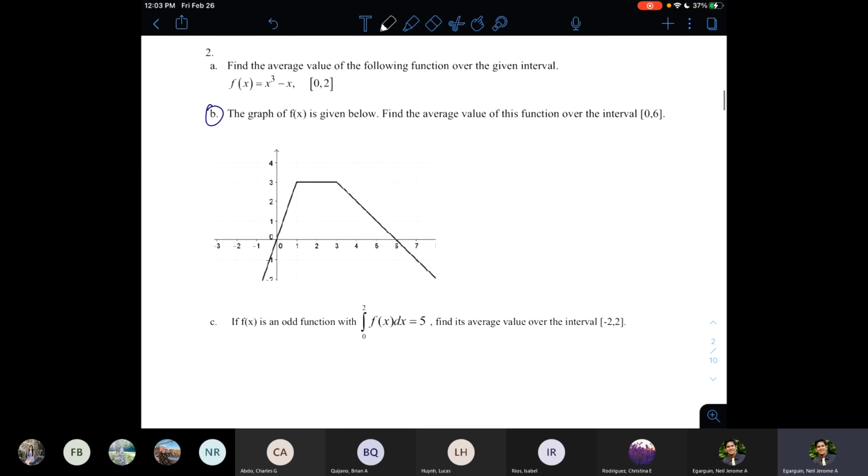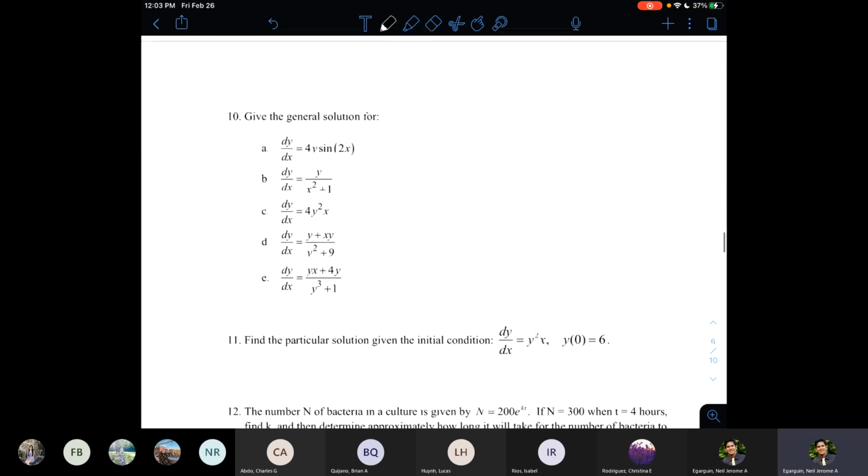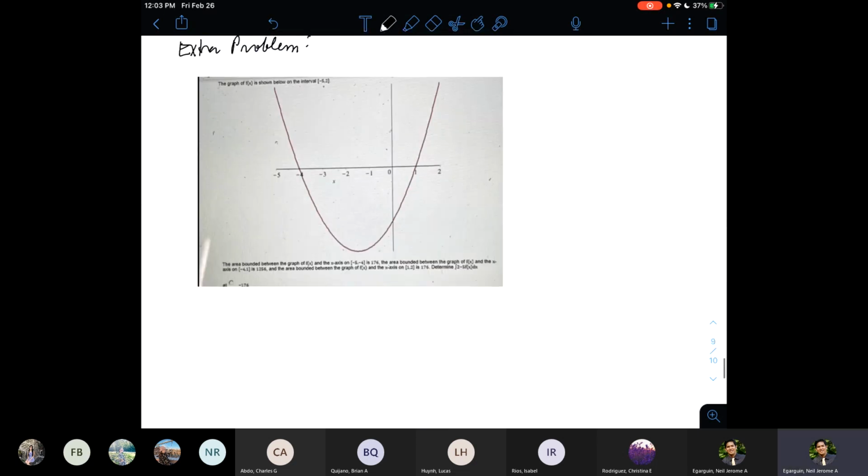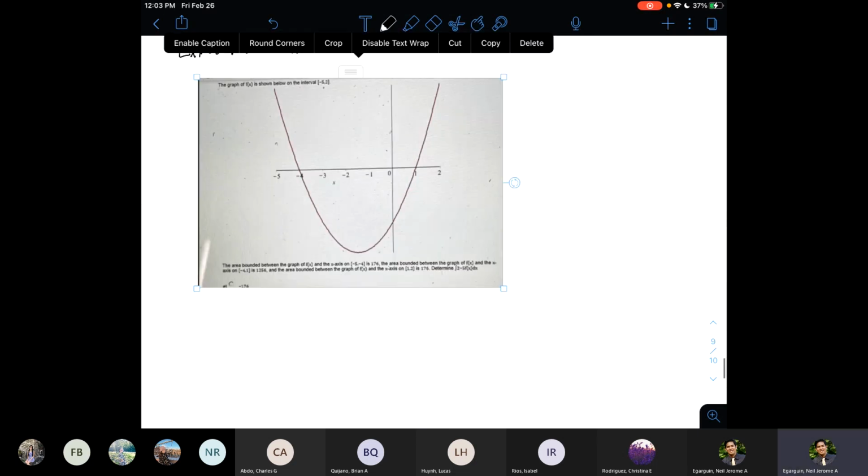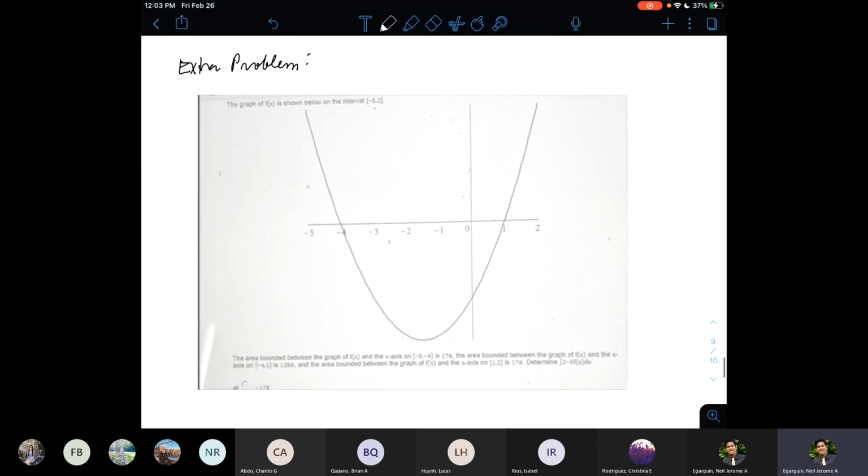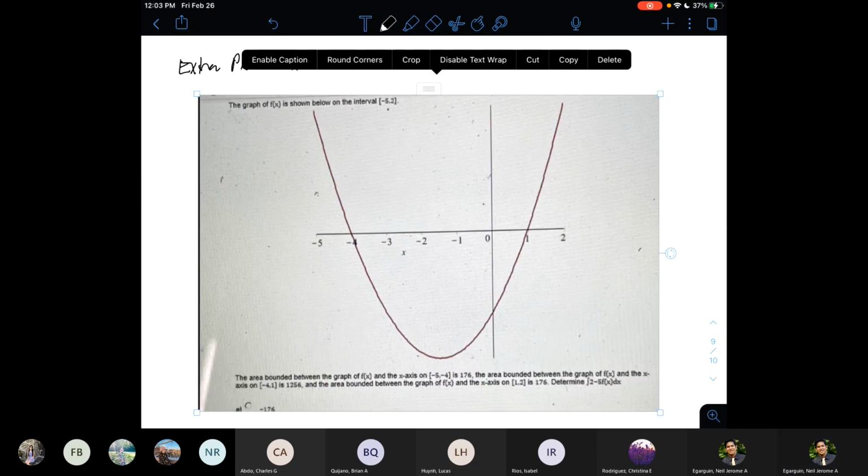So yeah, let's see. I have here an interesting question, which I labeled as an extra problem. Let me just enlarge this so you can see.